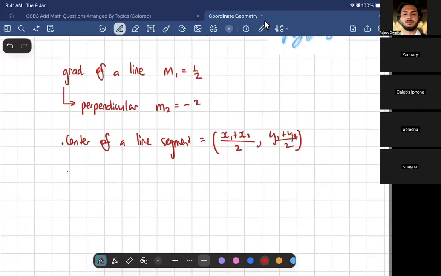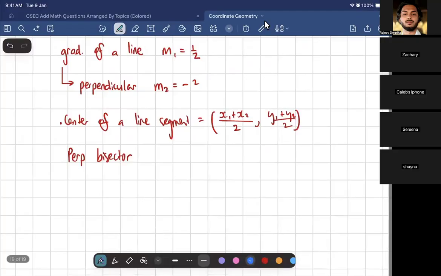Okay, do you know how to find the equation for the perpendicular bisector? Do you remember what the perpendicular bisector is? Okay, what does perpendicular mean? Like at a right angle. Right angle, right?